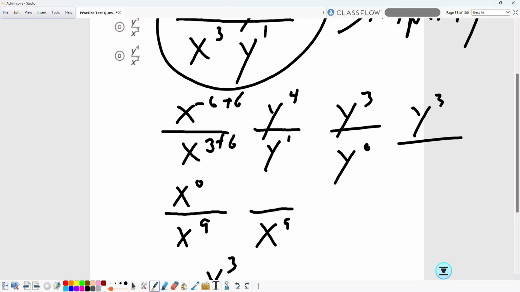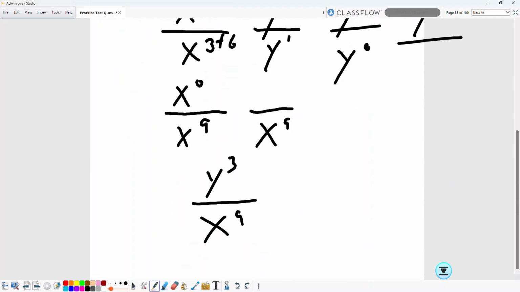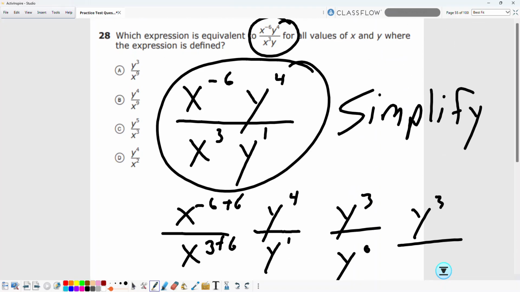So let's come on up here. Let's see if that's one of our choices. y to the third, x to the ninth. So that's not the case with D or C or B, but there you have it.